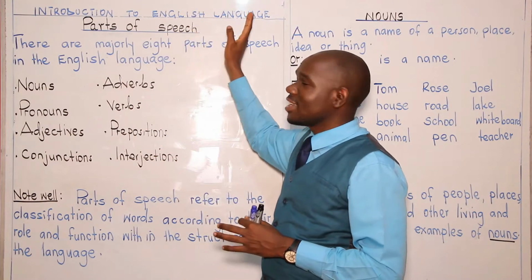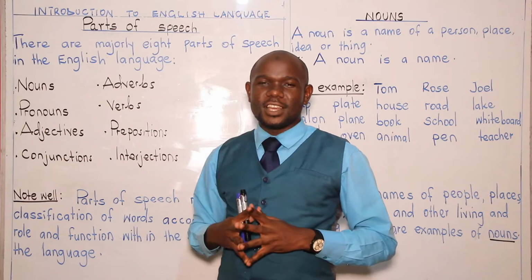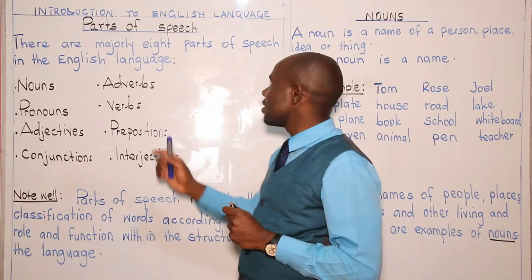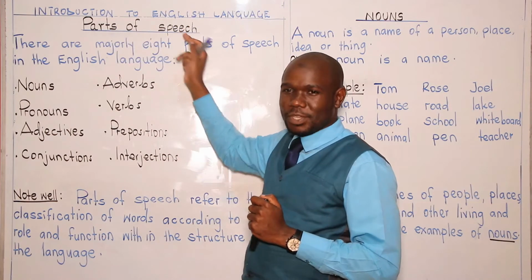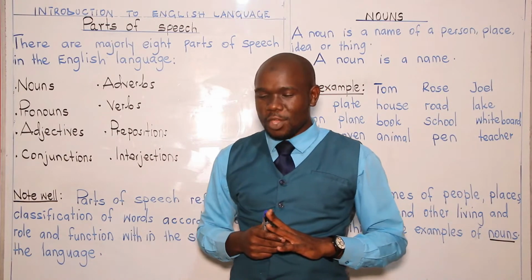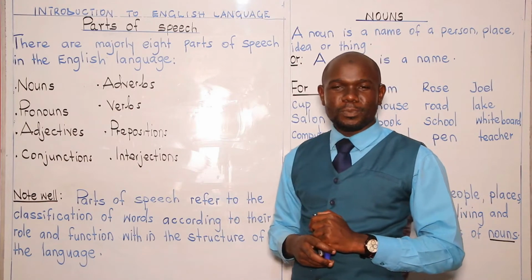Introduction to English Language. When we talk about English language, when we are introducing it, we talk about parts of speech. When we say parts of speech in English language, we majorly talk about 8 parts of speech.